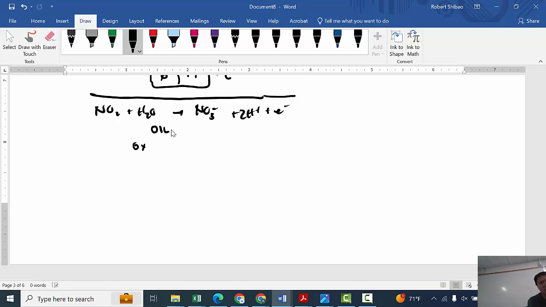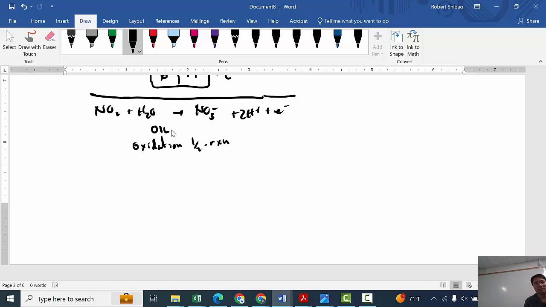And so we call this the oxidation half reaction. It's half because this electron is hanging here. We can't have electrons by themselves. It's like small children or something like that.